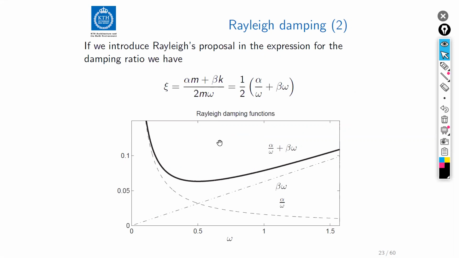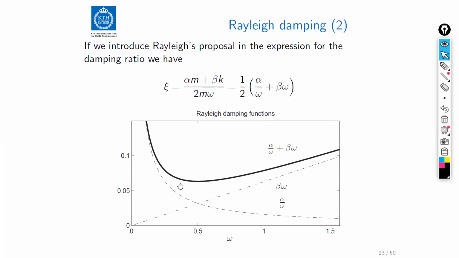So the Rayleigh damping will always look like this. It's a combination of a linear function and a hyperbola like this. We can here then also start talking about, let's say, a mass proportional part of the damping and a stiffness proportional part of the damping. So the mass proportional part is the one related to the parameter alpha.